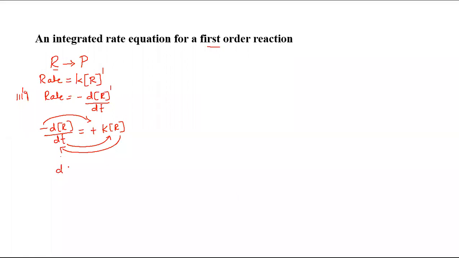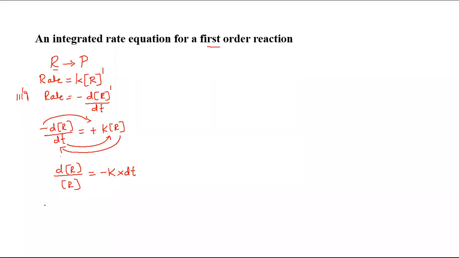Then what I'll get? d[R] by [R] is equal to minus k into dt. Just observe this clearly. dt I have taken to the right side along with the negative sign, and R I have taken to the LHS, because we need the dx by x form, so that's why I have rearranged this formula. So it comes like this.